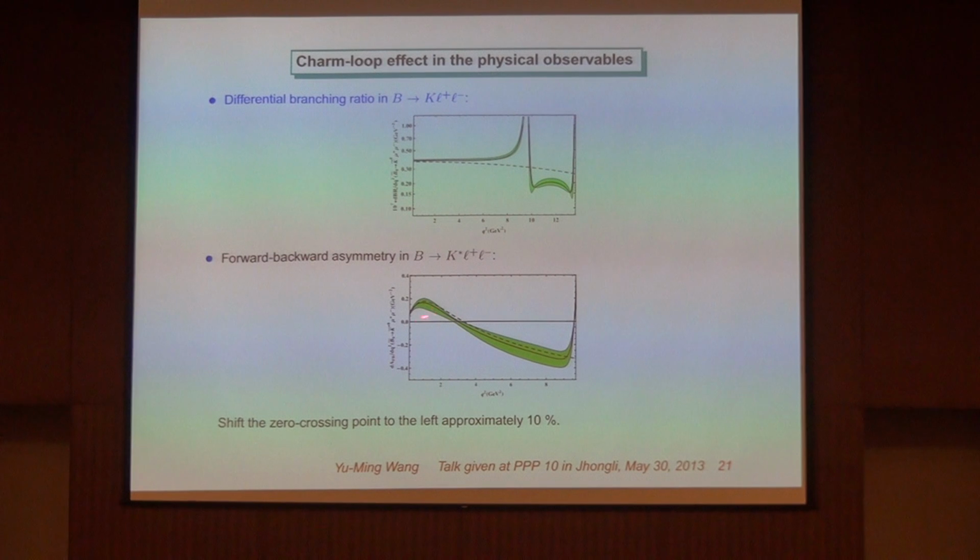The second plot shows the forward-backward asymmetry in B to K star plus minus. This dashed curve corresponds to contributions without any soft gluon effect, and the solid curve includes all of these soft and factorizable contributions. You can see here that this effect will shift the zero crossing point to the left by approximately 10%.